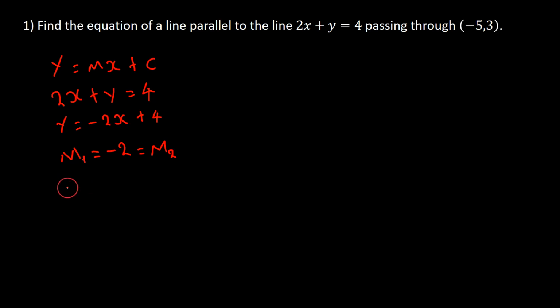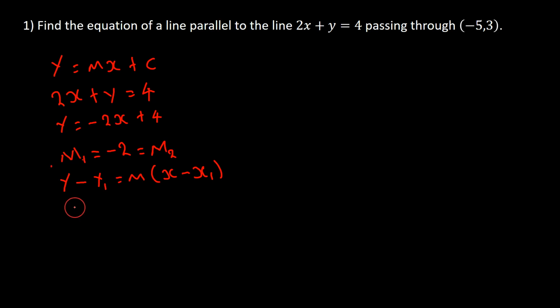Now, for the second part, we can use this formula: y minus y1 equals m, open brackets, x minus x1. We have been given these coordinates, negative 5, 3. So we can replace these coordinates where we have y1 and x1. And then for the gradient, we can get the negative 2 here and replace where m is.